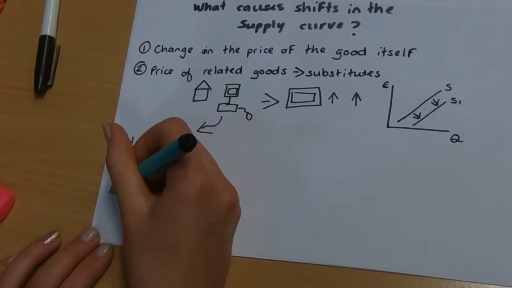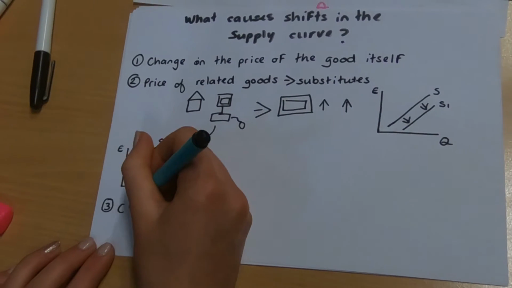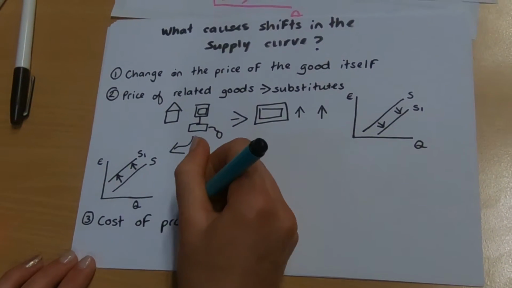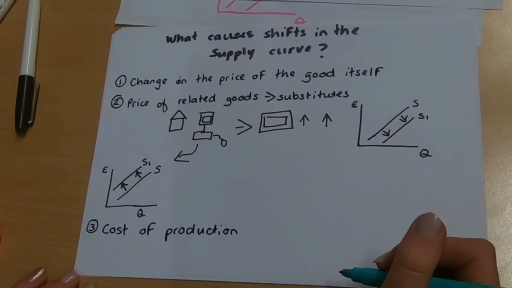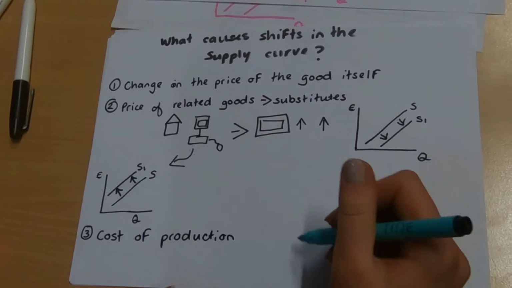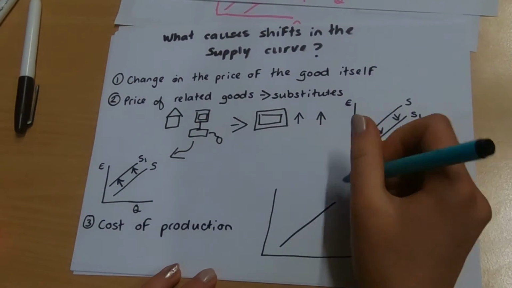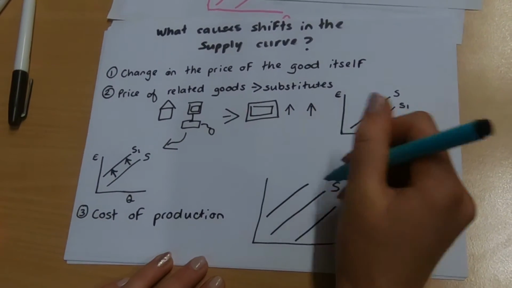Now, the third factor that we're going to talk about is the cost of production. The cost of production can cause both a shift inwards and a shift outwards in the supply curve.